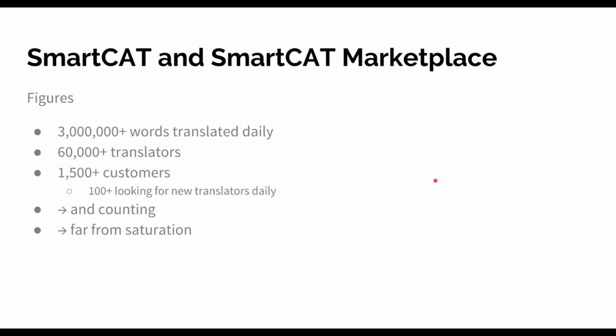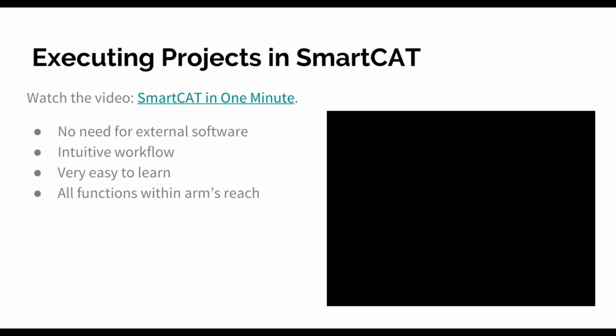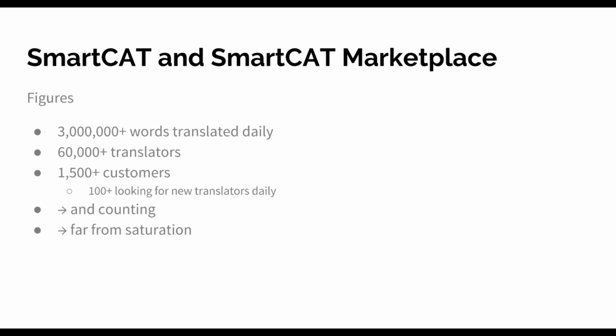Okay, so finally, when we talk about SmartCAT and SmartCAT Marketplace, I want to put in some figures that can motivate you to engage with SmartCAT. We have more than 3 million words translated daily, and we have 60,000 translators on the platform and 1,500 customers, more than 100 of which look for new translators daily.